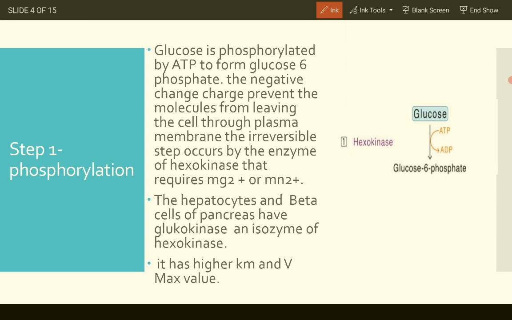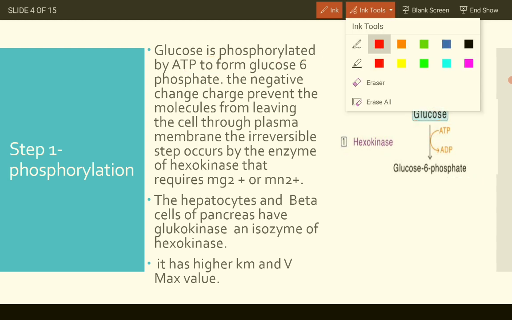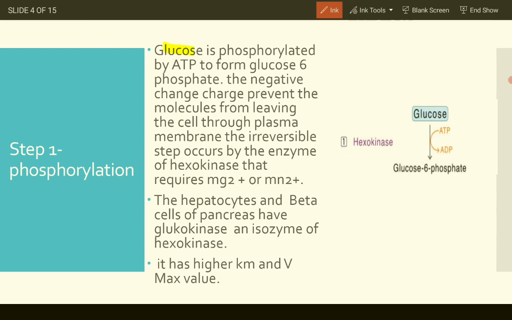For the phosphorylation of glucose into glucose 6-phosphate, 1 ATP is required, right? So glucose is phosphorylated by ATP to form glucose 6-phosphate, as you can see.